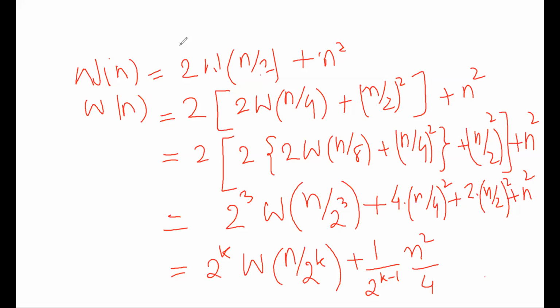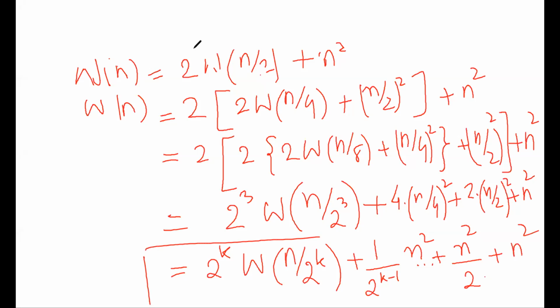Cancelling out the 4, I get n square by 4, where 4 is 2 to the power 3 minus 1, so 2 to the power k minus 1. Similarly, so on, and you'll have n square by 2 plus n square. So this is my generalized equation.